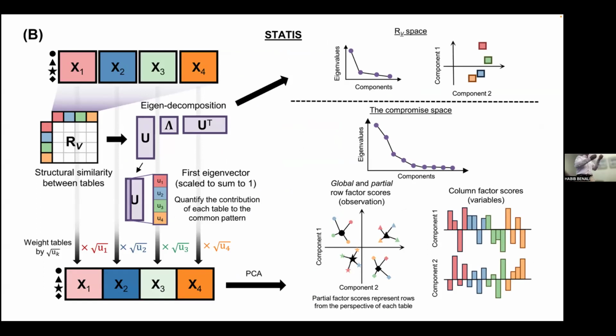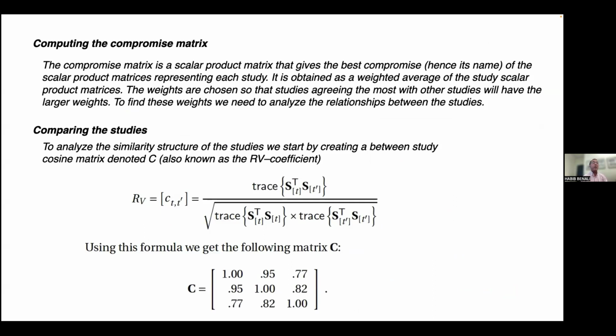If you have data, usually you have in mind, what is the compromise in the data? Usually it's the mean of the data set that we have. The mean is usually the compromise. So what is the mean of covariance matrices? This is exactly what we measure here, starting with the mean of covariance matrices.